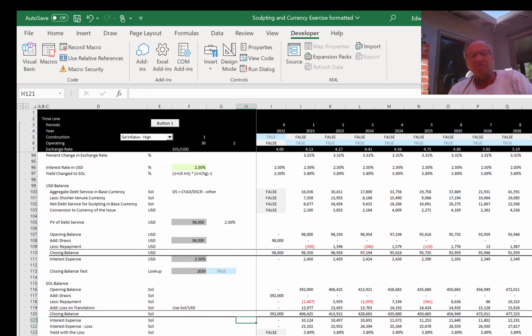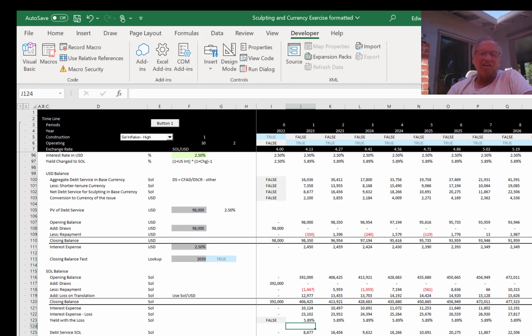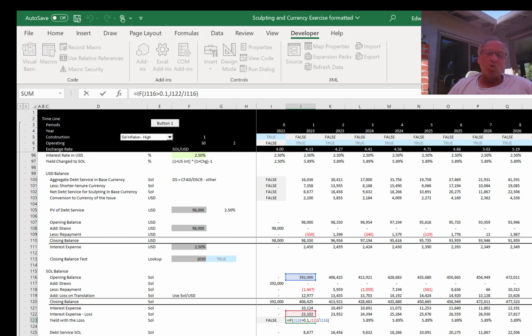And then you put the interest expense in, and then you take the total interest, not the repayment, the interest plus the loss on translation, and look at this. You divide that by the opening balance and you get exactly the same rate, our 5.89.